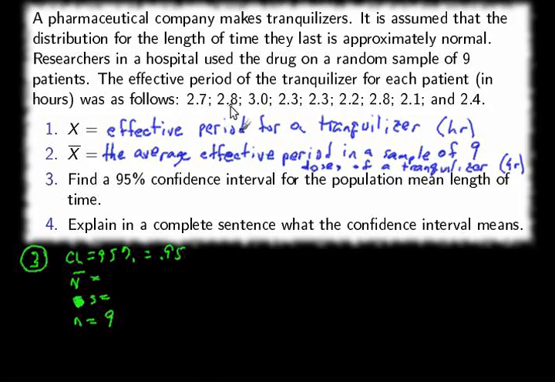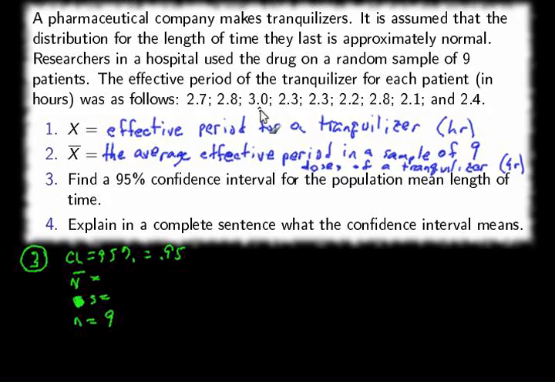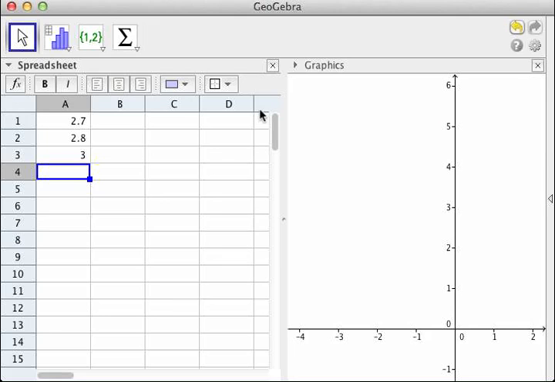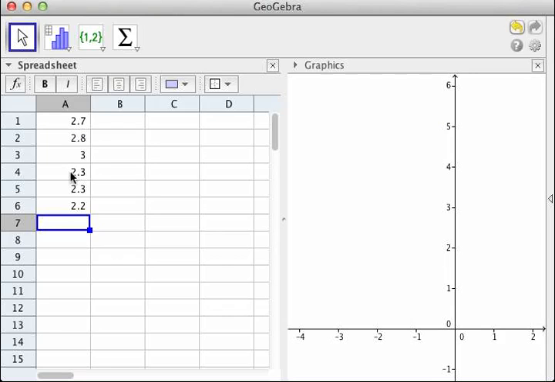We input the information here, 2.7, 2.8, 3.0, 2.3, 2.3, 2.2, 2.8, 2.1, 2.4.